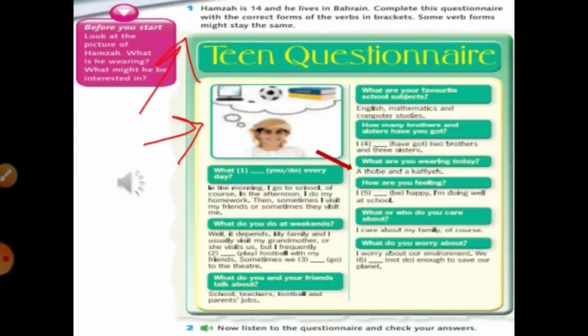But I frequently play football with my friends. Sometimes we go to the theatre. What do you and your friends talk about? School, teachers, football, and parents' jobs. What are your favourite school subjects? English, mathematics, and computer studies. How many brothers and sisters have you got? I've got 2 brothers and 3 sisters.